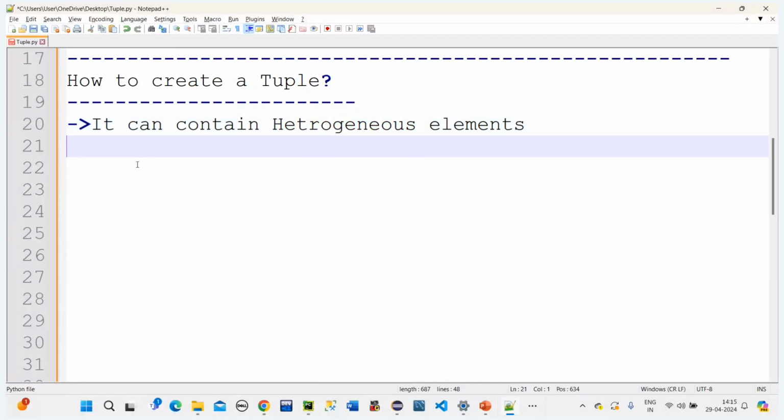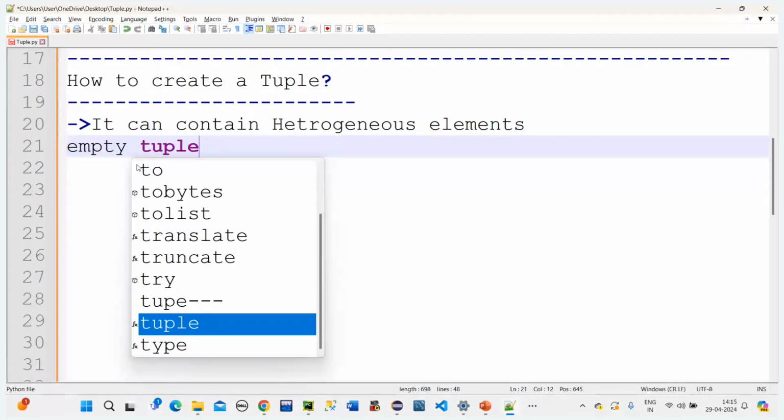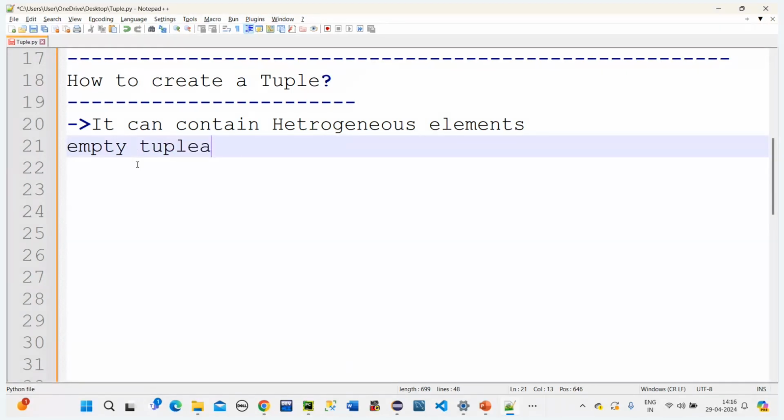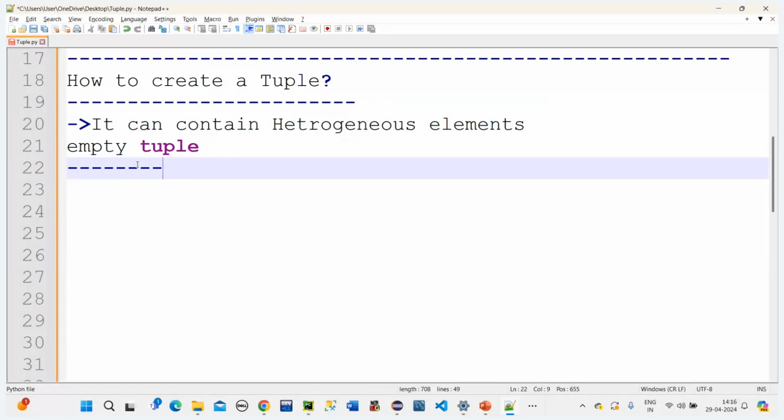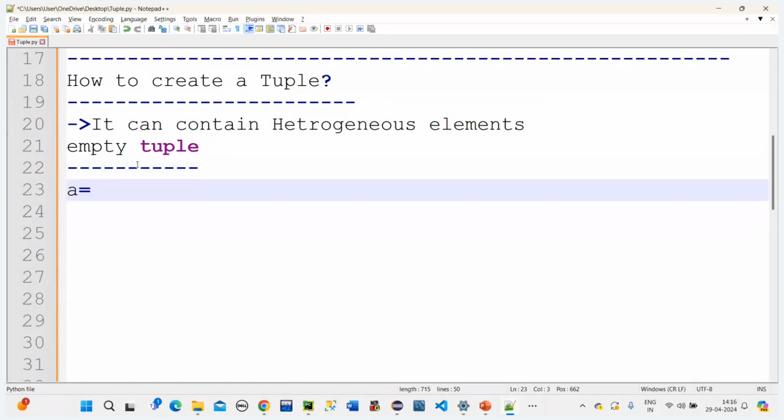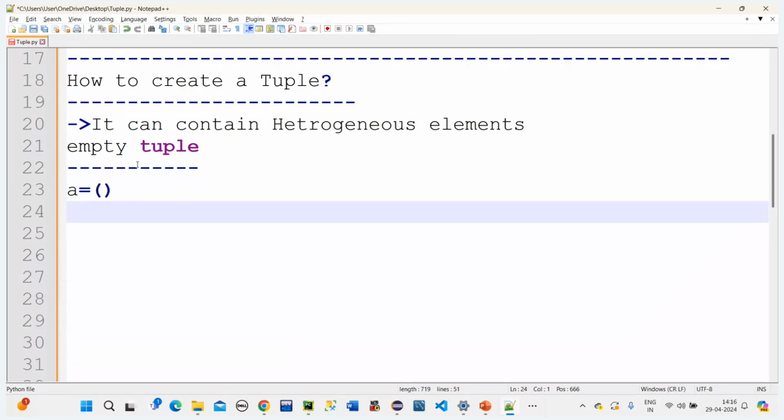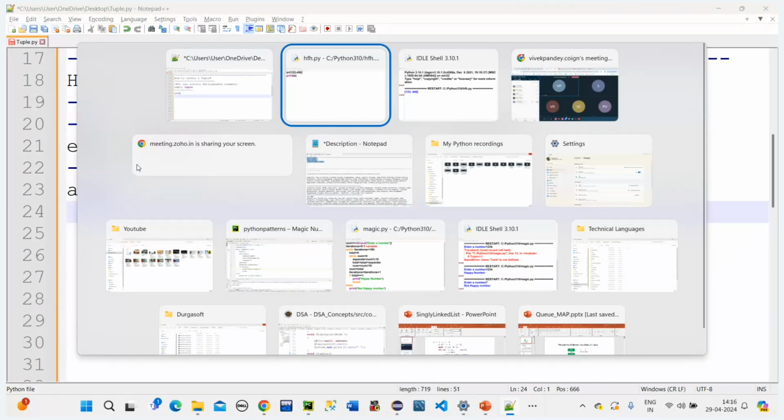Now, how to create an empty tuple? Let's see how we can create an empty tuple. An empty tuple can be created like this: a is equal to, just like this. Now let's see whether the tuple is created or not.